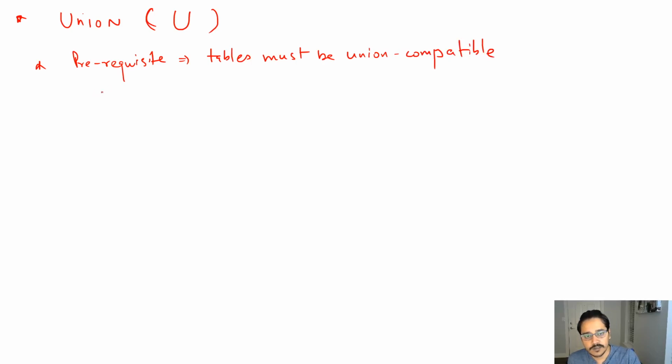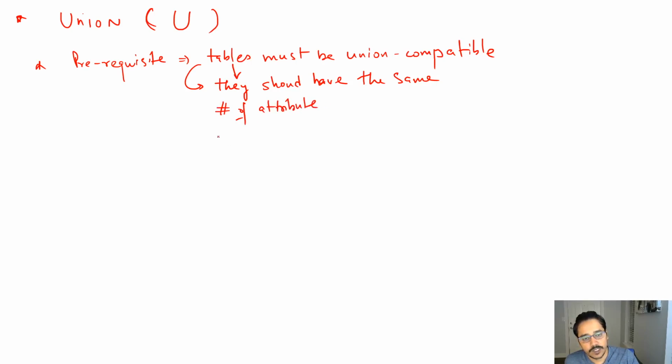What this means is that the tables should have the same number of attributes with similar data types and attribute domain.